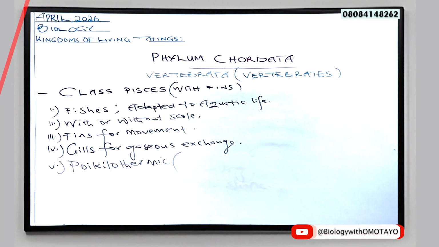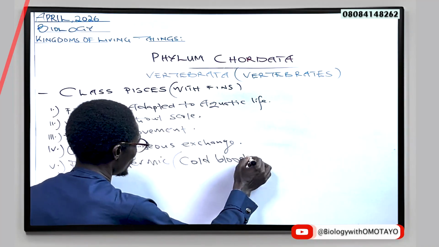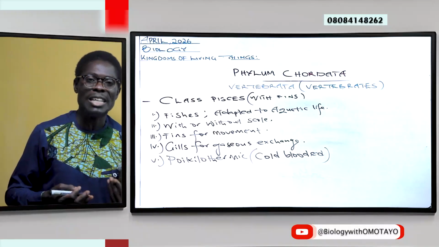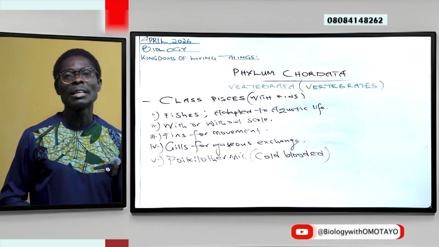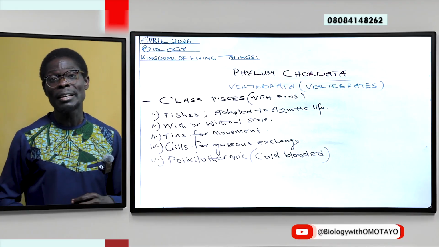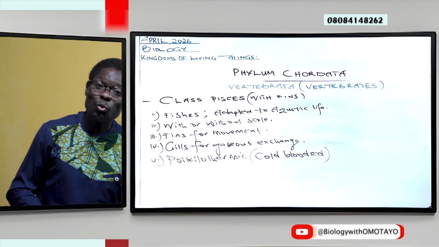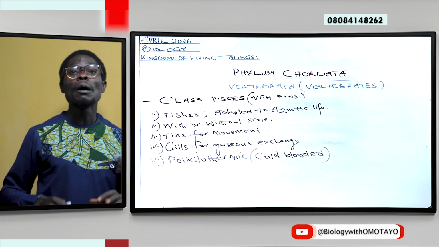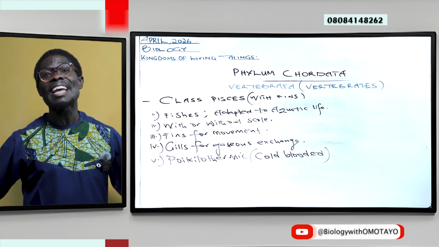But permit me to write it there, since it is a commonly used term to explain poikilothermic. Actually, poikilothermic simply makes reference to organisms that have body temperature fluctuating with the environmental temperature. That is to say, the body temperature fluctuates based on what is prevailing in the environment.